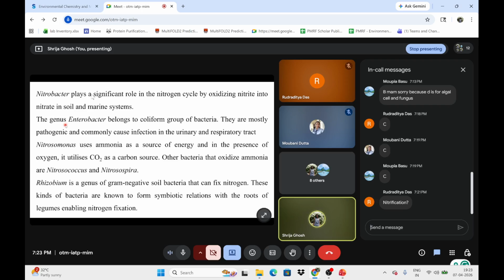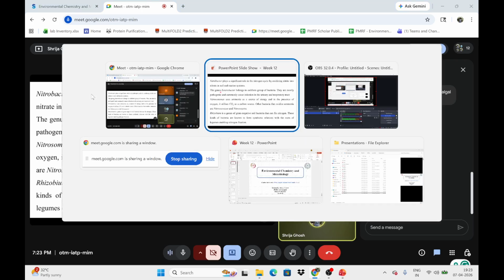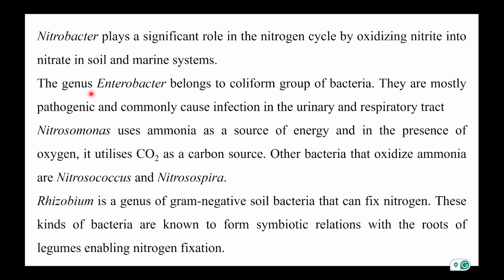You've forgotten everything. If something is using carbon dioxide directly as a carbon source, it is called an autotroph. If it is using organic carbon as a carbon source, it is called heterotroph. We had discussed all this, right?